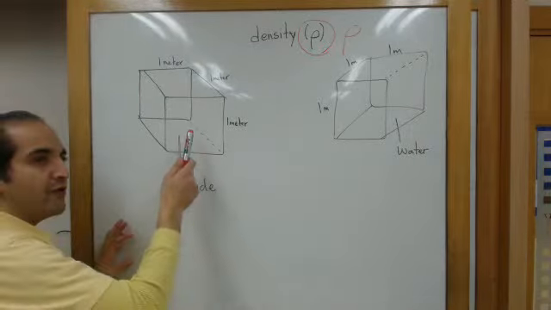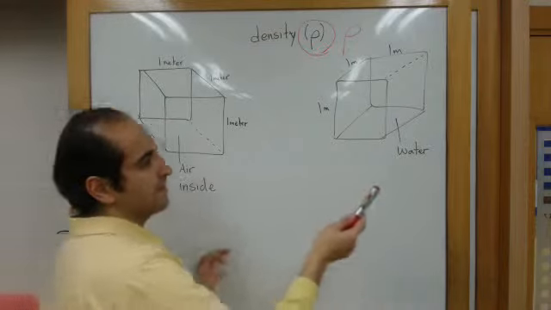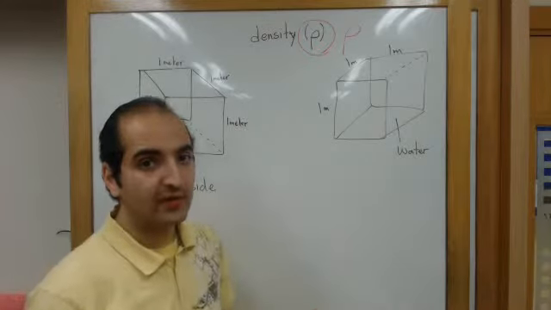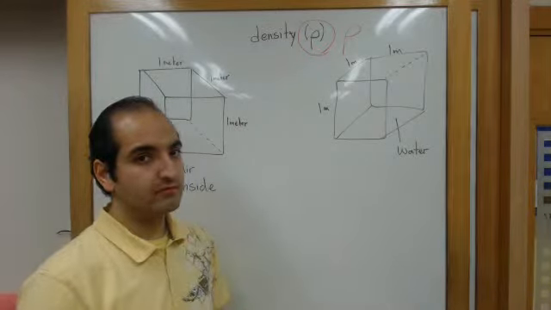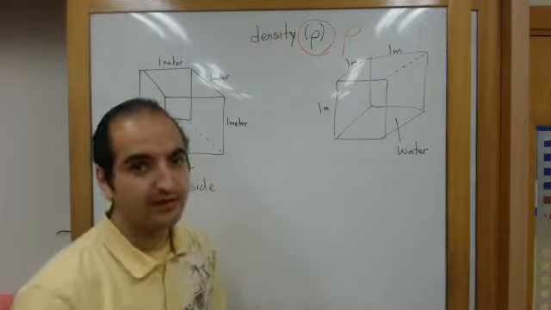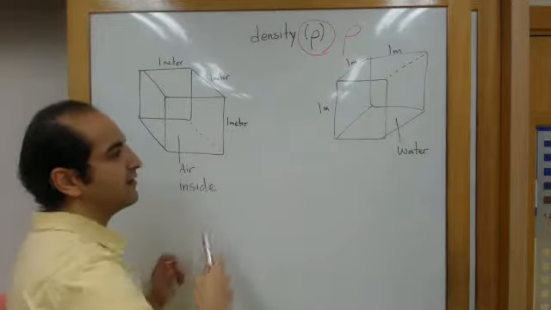Now, if I fill box number 1 with air, and I fill box number 2 with water, which one will be heavier? Think about it. Okay, if you chose water, that is correct. Water is heavier in the same area than air.